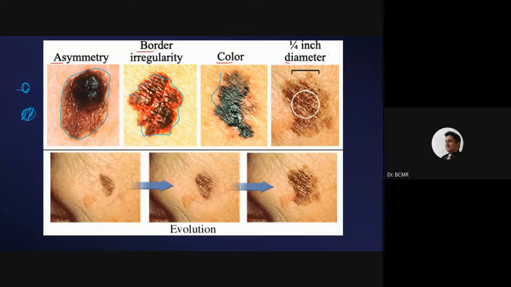And a mole is usually smaller. When a new one develops, it is less than a quarter inch, or less than a centimeter, say half a centimeter, whereas these are usually larger than that, or they grow into that.